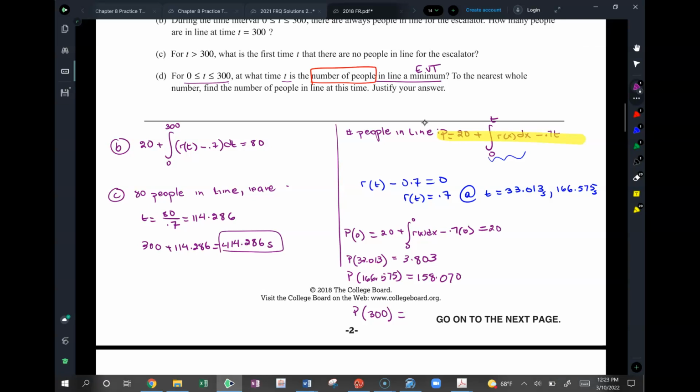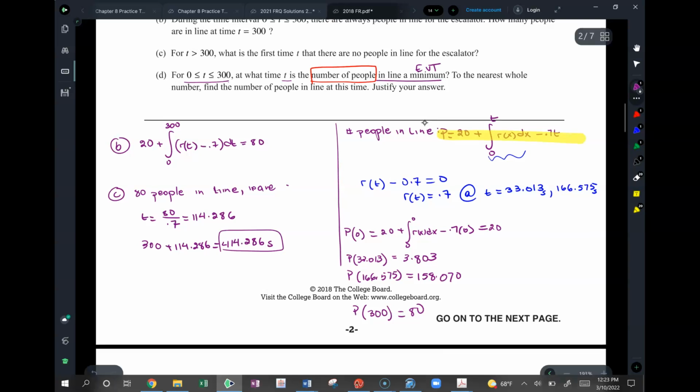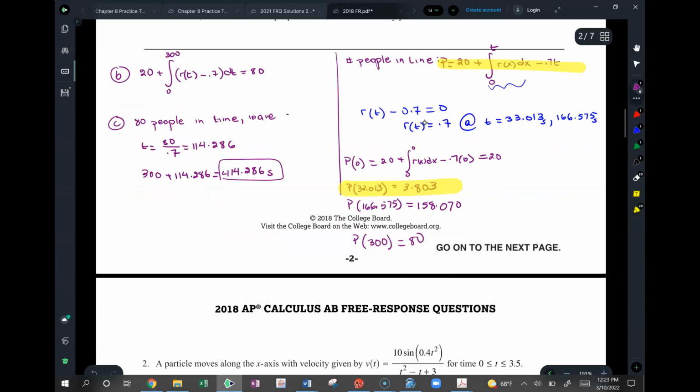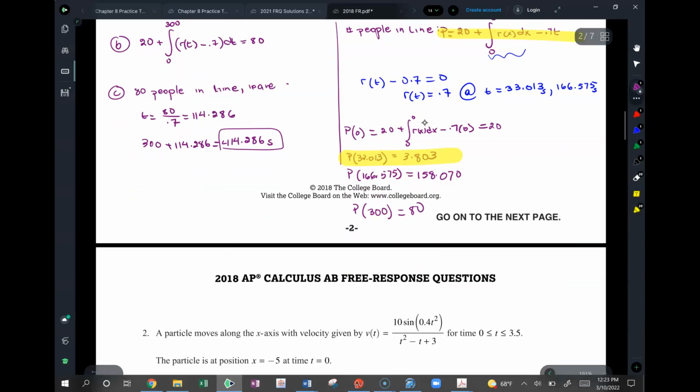What's the number of people in line at 300? 80. So we don't have to rewrite. So you don't have to redo that one. And we want the minimum, which is this one. This is the minimum. So minimum, what is the question? How is the question worded? To the nearest whole number, find the number of people in line at this time.